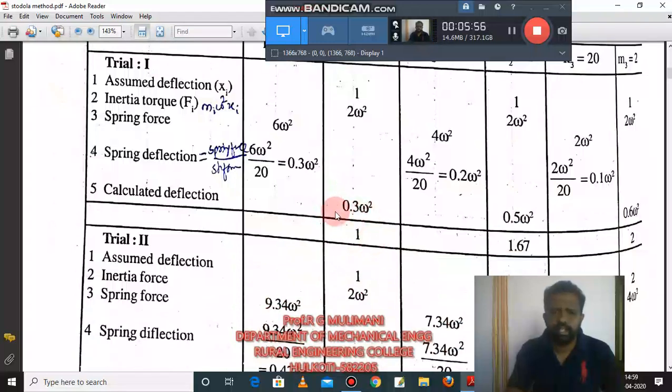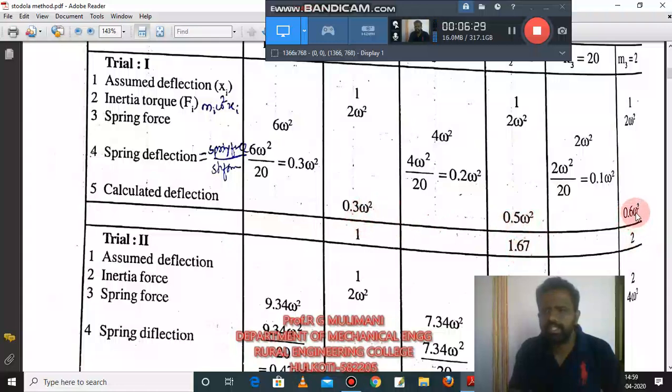Now we have deflection values 0.3 omega square, 0.5 omega square and 0.6 omega square for mass 1, mass 2 and mass 3. You normalize it to 1. Normalizing means we assume 0.3 omega square is equal to 1. If 0.3 omega square is equal to 1, then what is 0.5 omega square? 0.5 omega square divided by 0.3 omega square is 1.67.